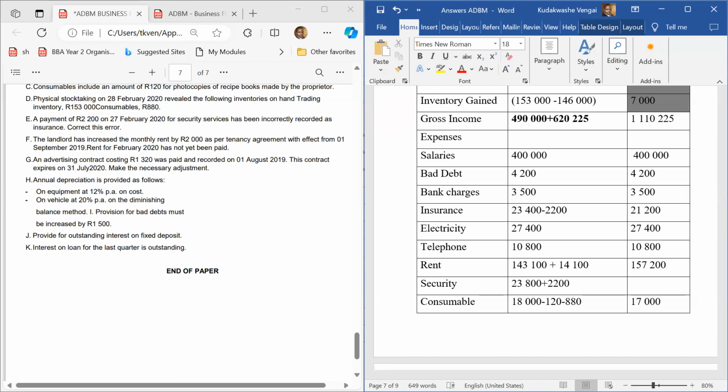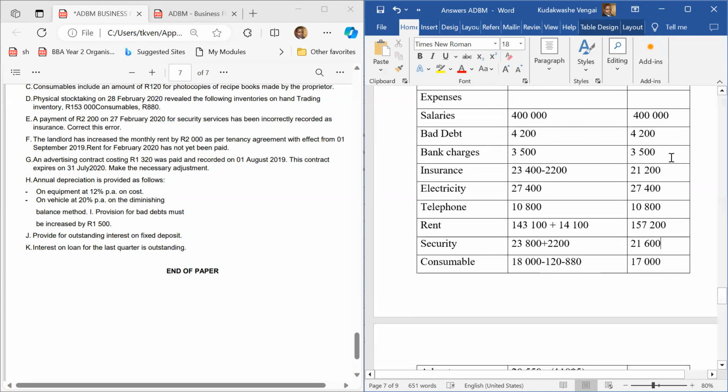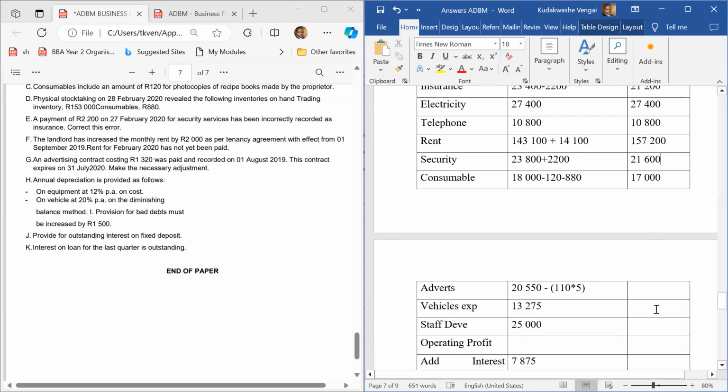157,200. Then 2,300. 20 minus 220. 21,600. And then... That can't be correct. Sorry? You must add it. Oh, it's right, because it's added.